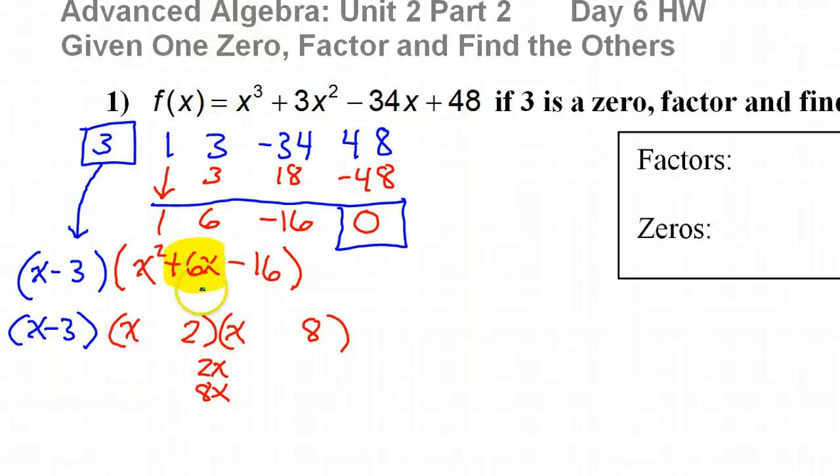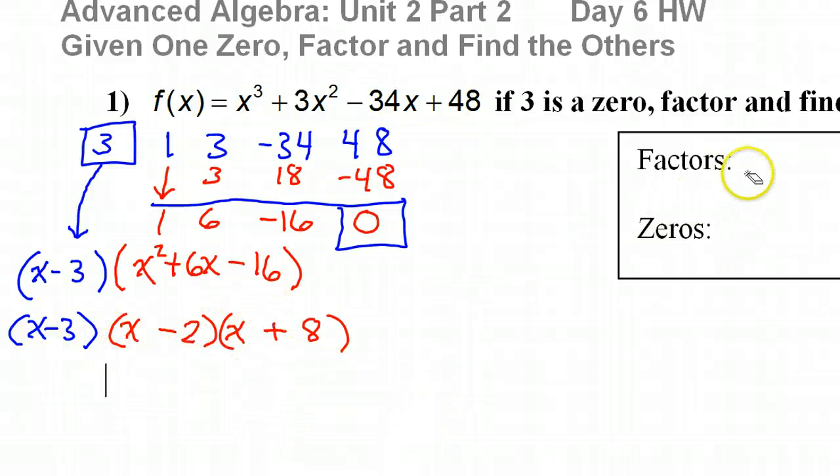So to get a positive 6 out of this, I would need a negative 2 and a positive 8. So there's my negative 2, and here's my positive 8. Check one last thing. Negative 2 times positive 8 is negative 16, so everything is looking good. So that means I have now factored this correctly.